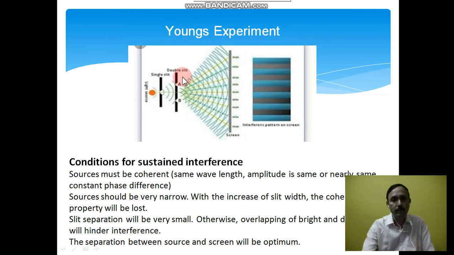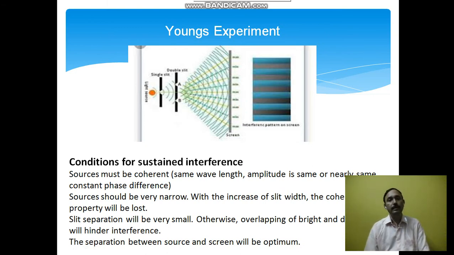When a continuous line and white parts are meeting, they will produce minima. So if blue is the bright and black is the dark, then this is maxima, and this part will be minima. Again it will produce maxima, then minima, and so on. This is how consecutive fringes will be produced.